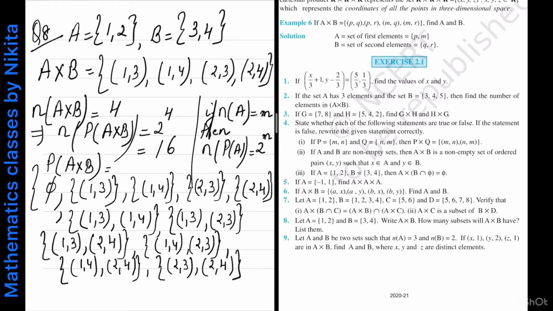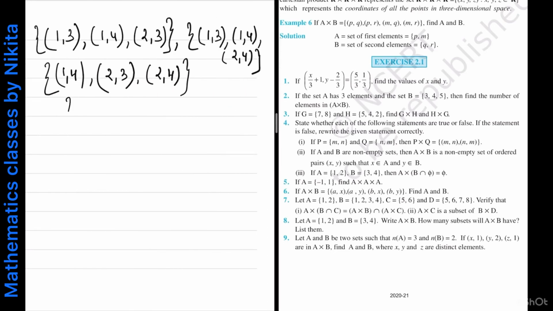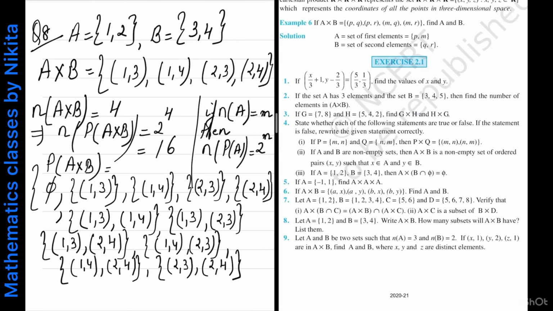Okay, will there be any more? And next, you have to pick 3 out of 4. So 4C3 means you will be having 4. Next will be (2,3), (2,4) and (1,3).